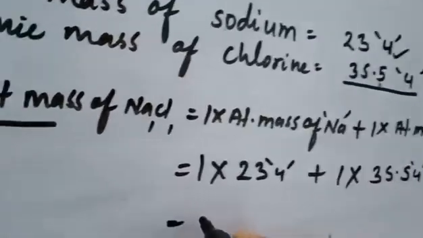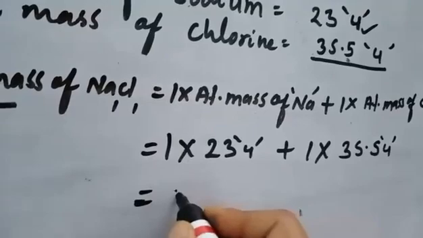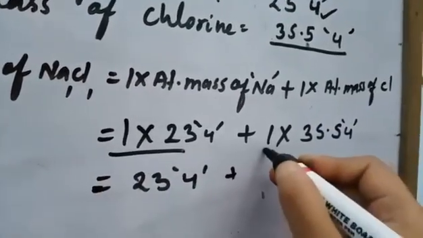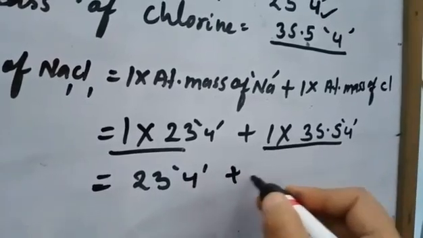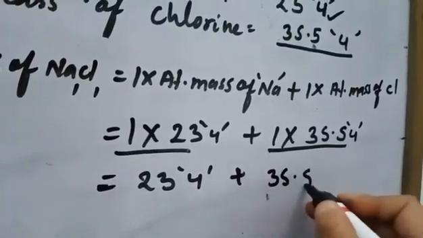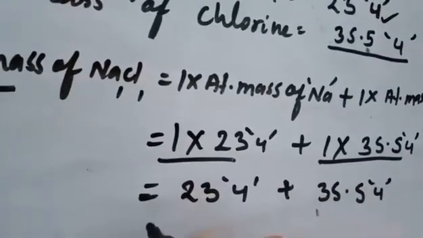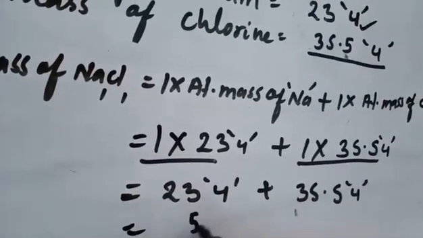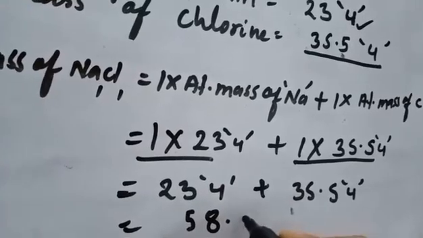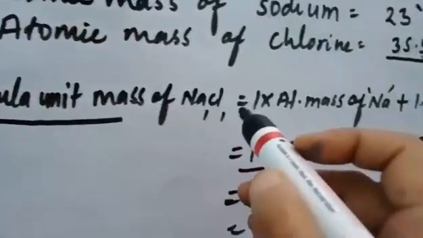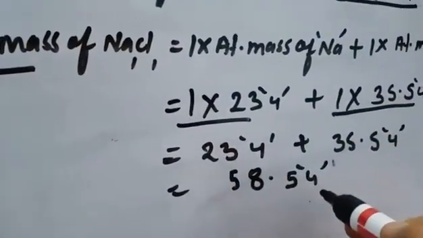Now we will calculate: 23u plus 35.5u. 23 plus 35.5, so overall we will get 58.5u. So the formula unit mass of sodium chloride is 58.5u.